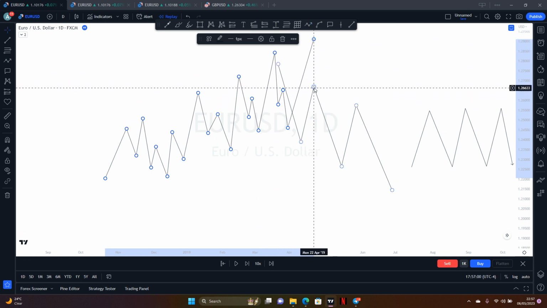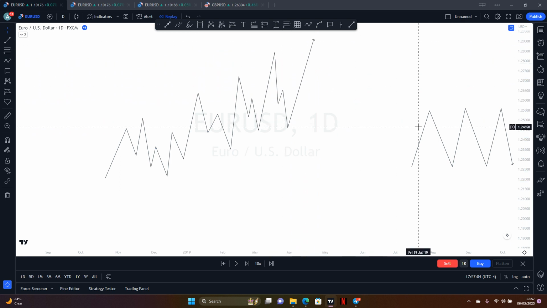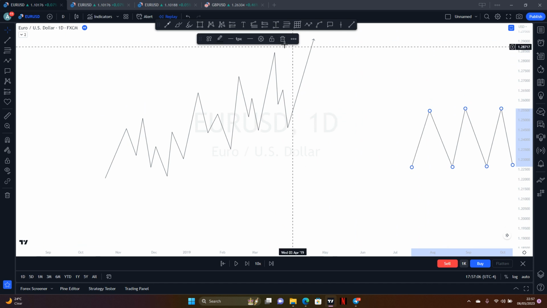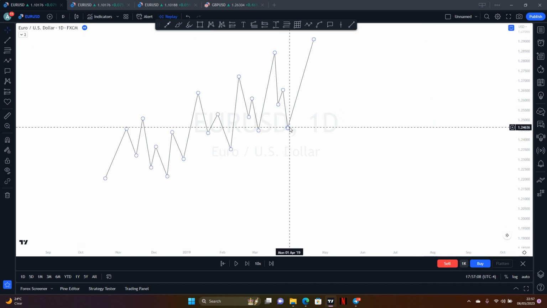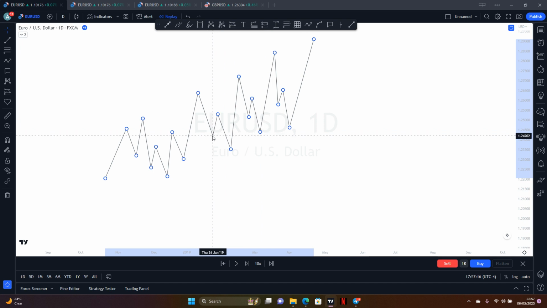This is more of a representation of the forex market than what we represented before. So the big question here is, what is the main structure and what is the internal structure?